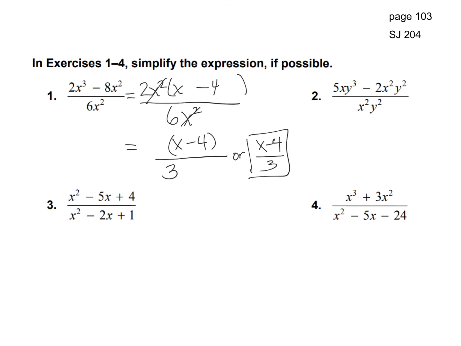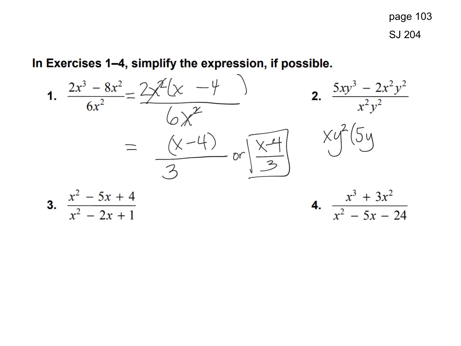For number 2, I'll take out the common factor of x y squared. 5xy cubed divided by xy squared would be 5y.